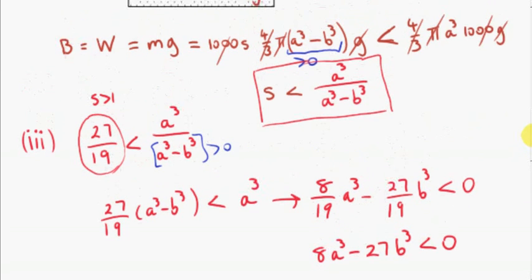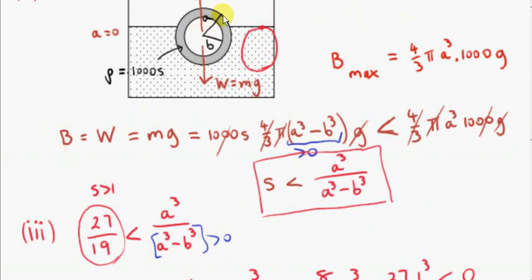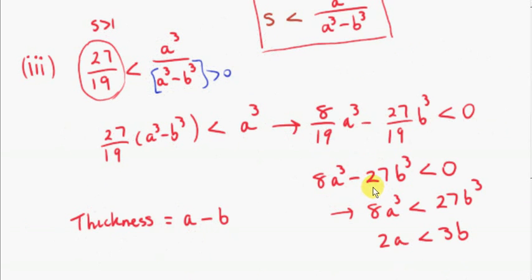Now, we're interested in the thickness. The thickness is the radius of the outer part minus the radius of the inner part, so it's a minus b. To get at a minus b, we can rearrange this and take the cube root of both sides.